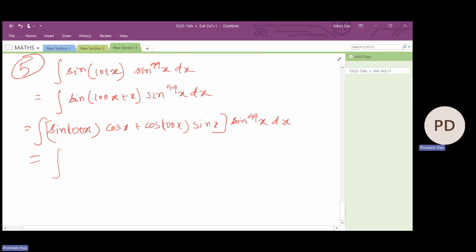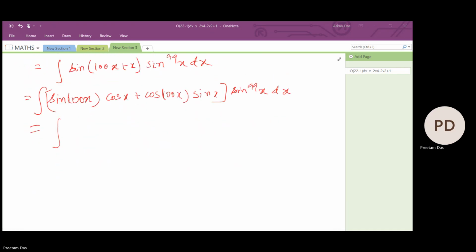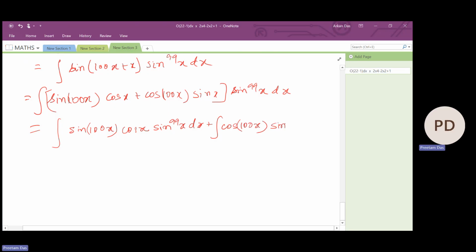So now this will reduce to integration of sine 100x cos x sine raised to 99x plus integration of cos 100x sin x multiplied by sine raised to 99x, which becomes sine raised to 100x dx.